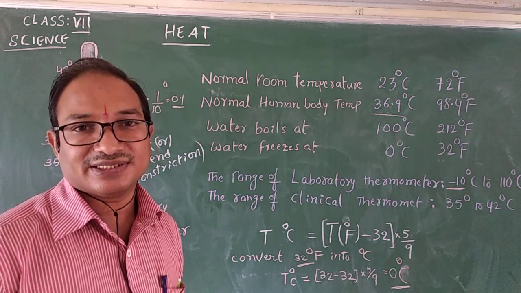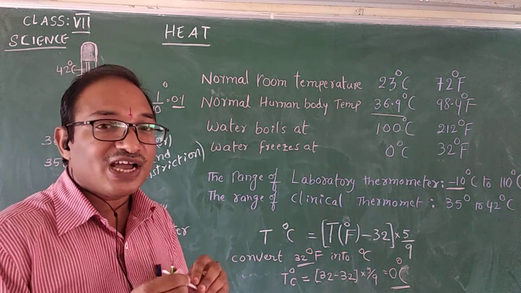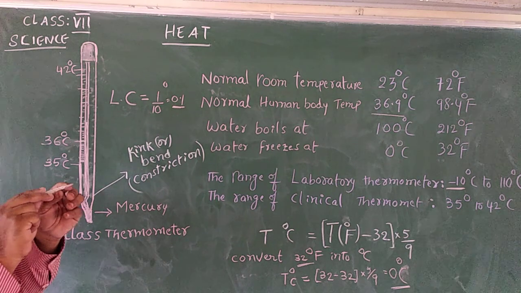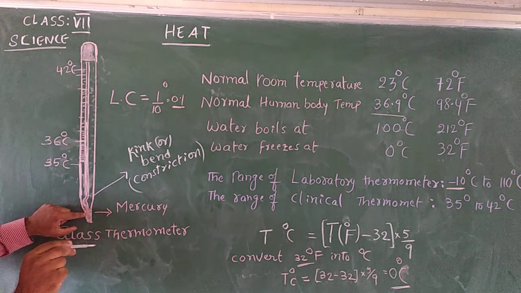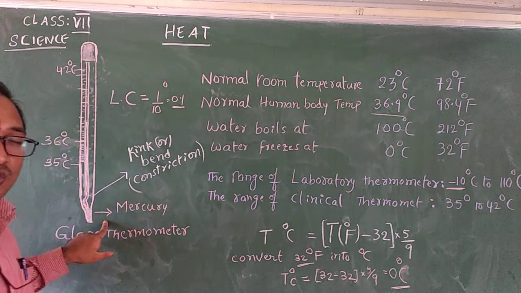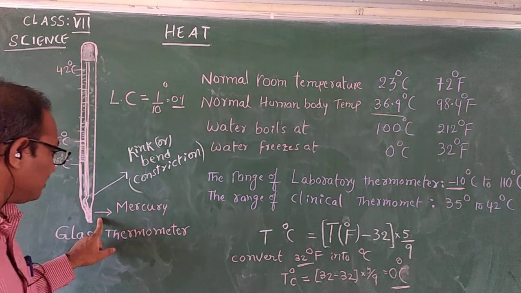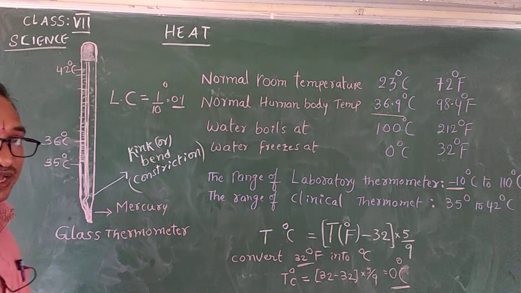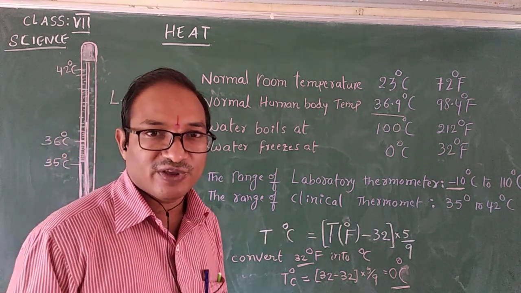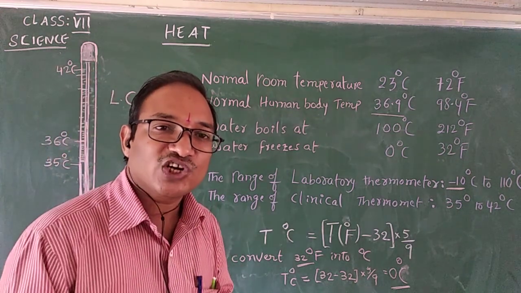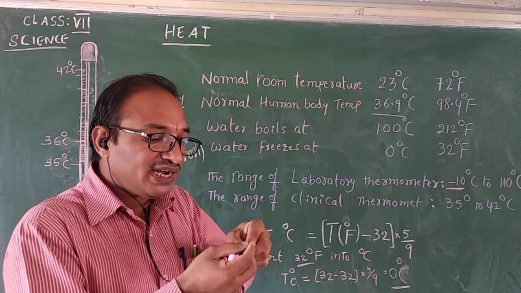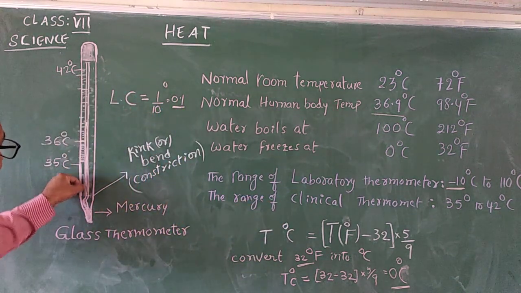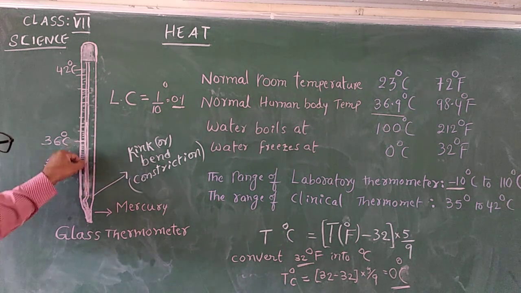Then what happens? By absorbing the heat, the mercury will expand. The working of the clinical thermometer, or glass thermometer, is based on the thermal expansion of mercury. We can see in the capillary tube when the mercury is moving.